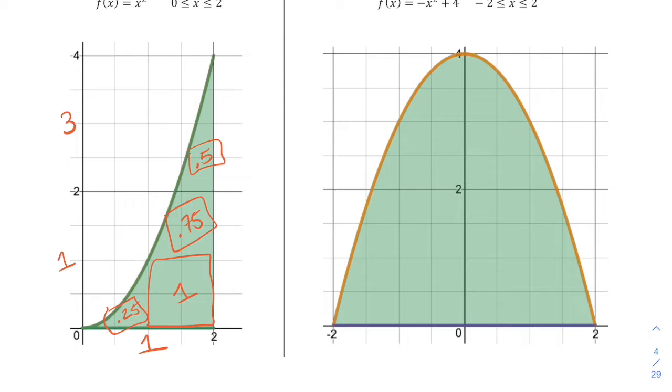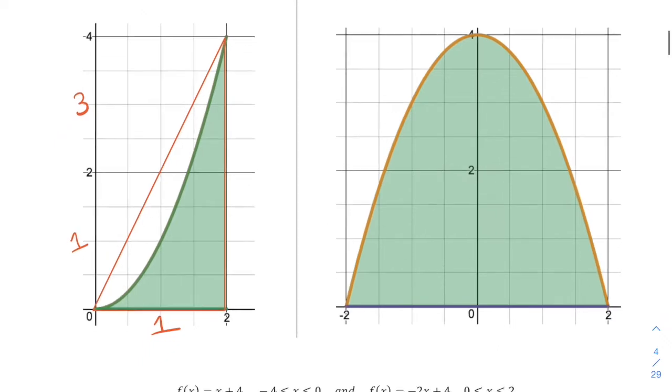They also do something like this. They go, oh, well, it kind of looks like a triangle. So if I were to draw a triangle here, and I know that what's shaded is actually less than that. So the area of a triangle is 1/2 base times height. So area of a triangle is 1/2 times the base, which is 2, the height, which is 4.